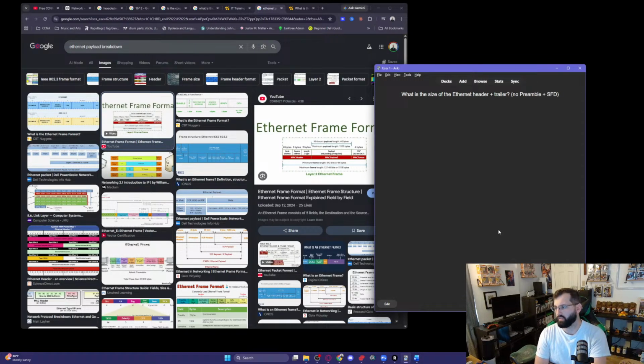What is the size of the Ethernet header and trailer, no preamble or SFD? 46 plus 6 plus 2?